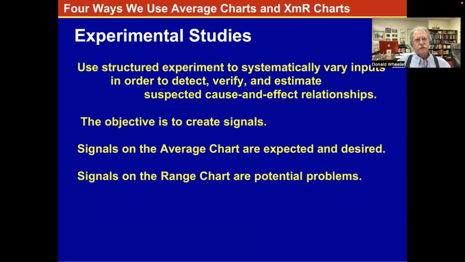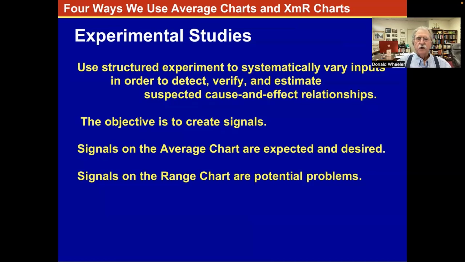Experimental studies. Here we use a structured experiment to systematically vary inputs in order to detect, verify, and estimate suspected cause and effect relationships. The objective is to create signals. Signals on the average chart are expected and desired.